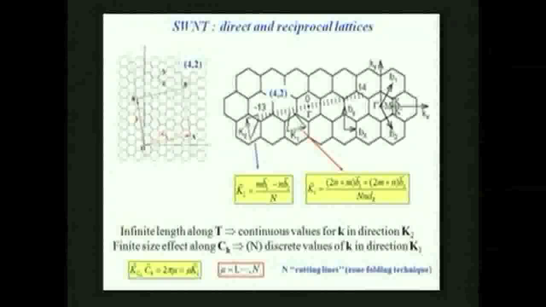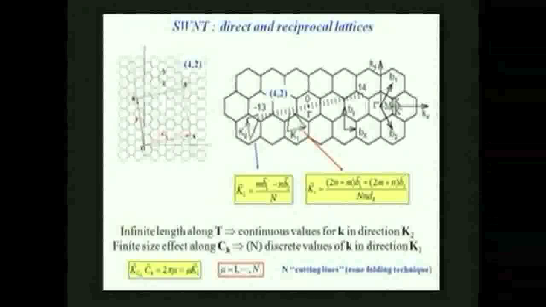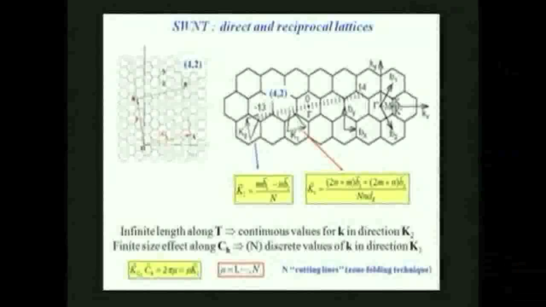We will see how these wave vectors, these discrete levels, cut the reciprocal lattice of the graphene sheet. And we will say that all the wave vectors and all the electronic states that correspond to the position of these cutting lines will be observed in the nanotubes, and we will be able to calculate them from the electronic properties of graphene.